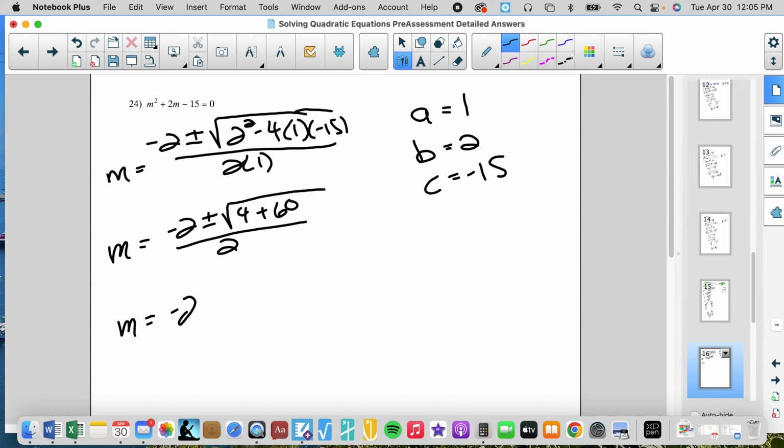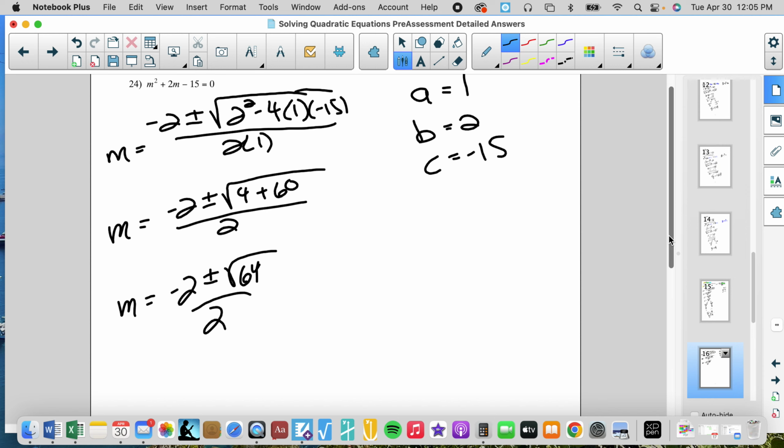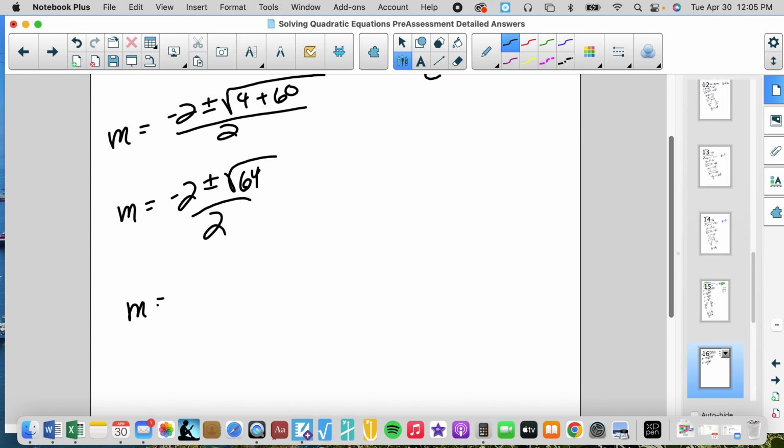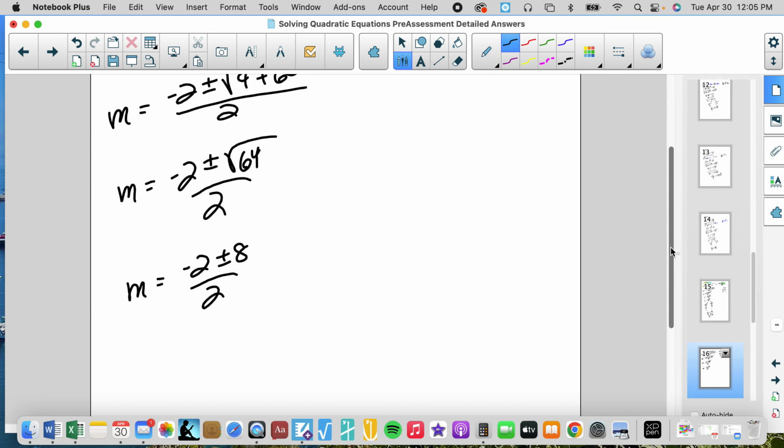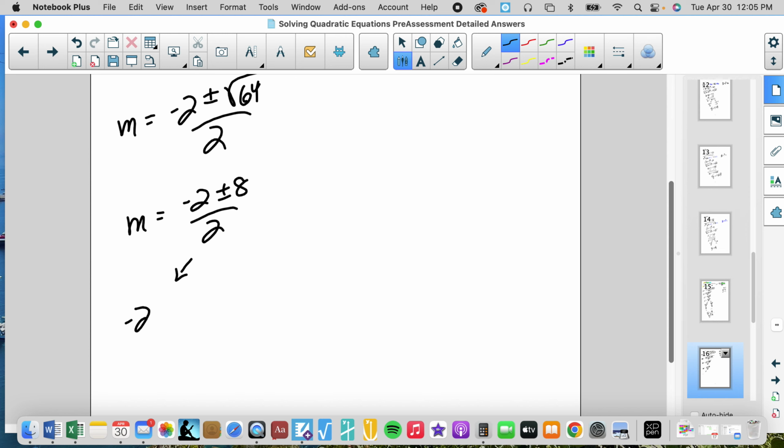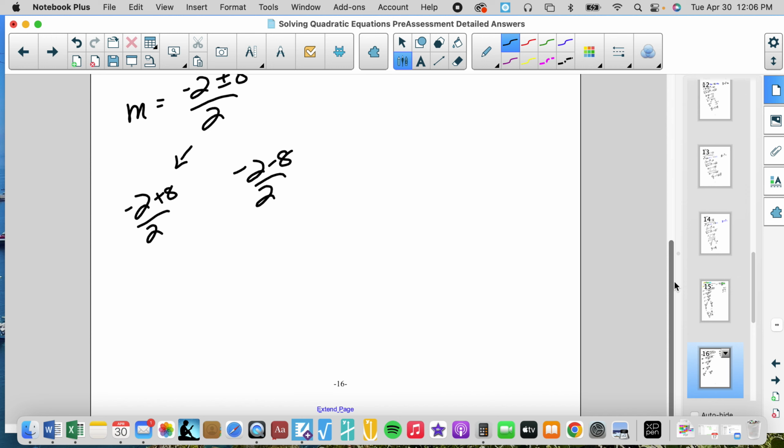M equals negative 2 plus or minus square root of 64 over 2. M equals negative 2 plus or minus 8 over 2. So let's separate them. Negative 2 plus 8 over 2, negative 2 minus 8 over 2. That gives us 6 over 2, which equals 3. This gives us negative 10 over 2, which is negative 5. My solutions are negative 5 and 3.